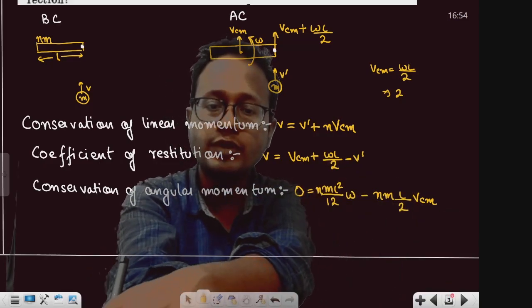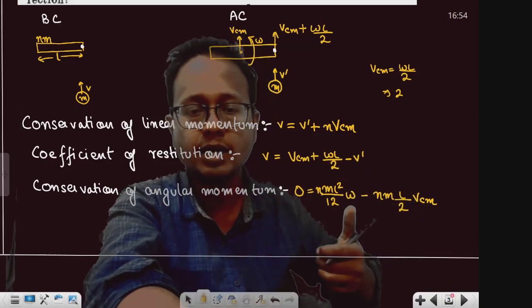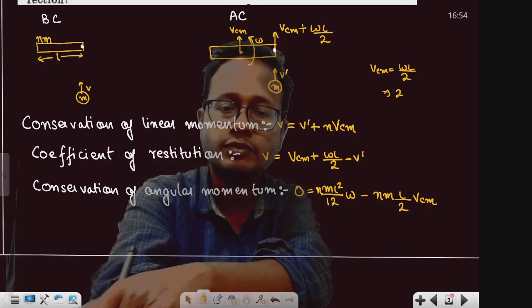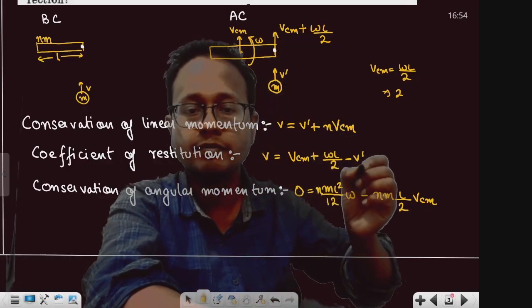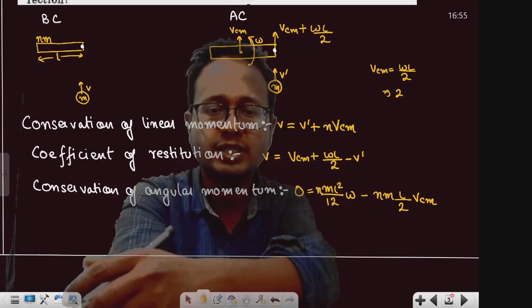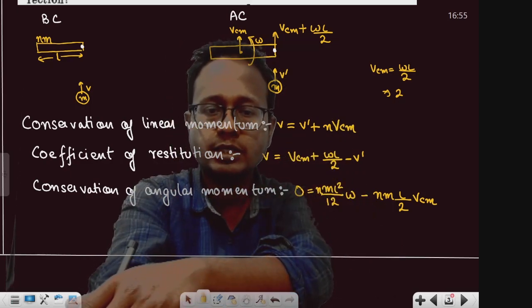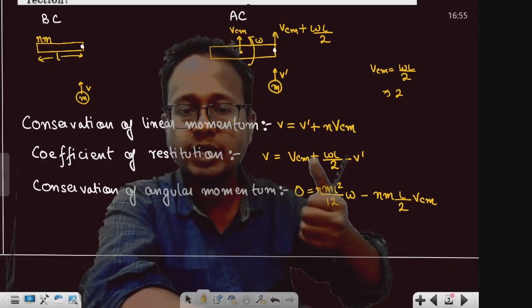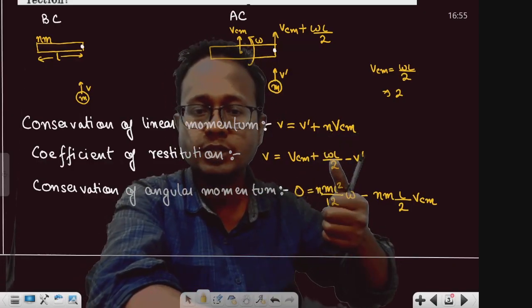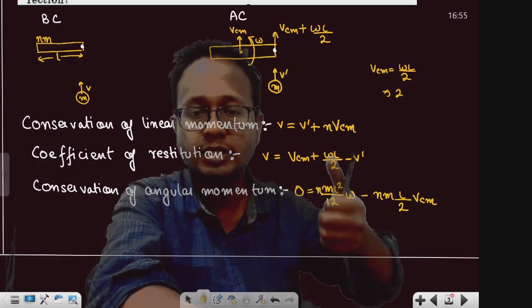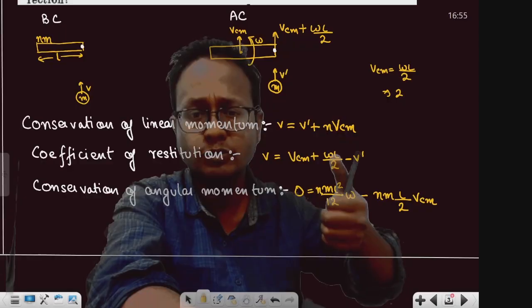From these three equations, what do I have to find out? I have to find out the value of omega and velocity of center of mass, and v dash. The most redundant variable out here is nothing but velocity of center of mass. So using these two equations, let me eliminate velocity of center of mass because I do not need this variable.